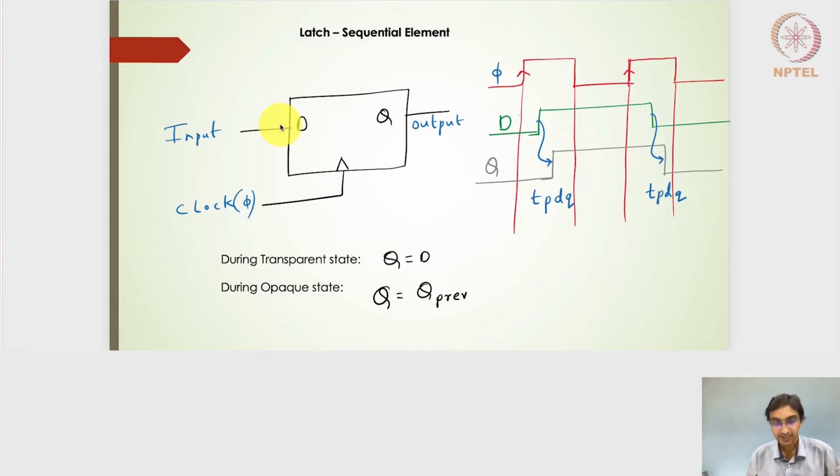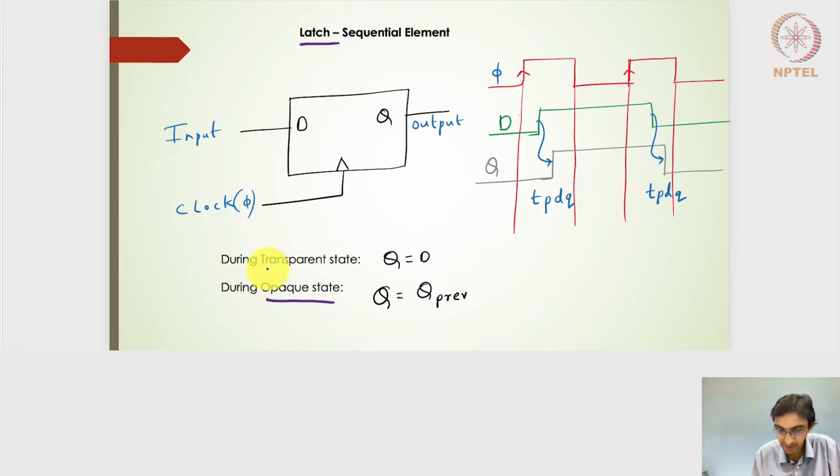As we understand from the latch definition, let me also pick up my pointer here. The latch is a sequential element, and this is a block diagram of a latch design, where I have the input D and the output Q. So Q will be nothing but D in a transparent mode, and Q will be the previous Q in an opaque mode.